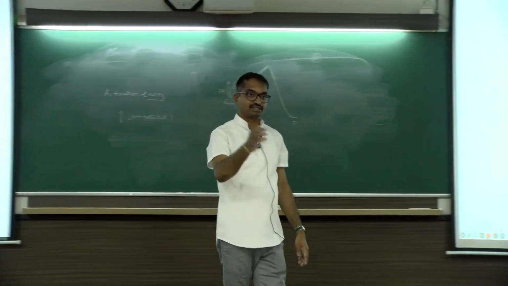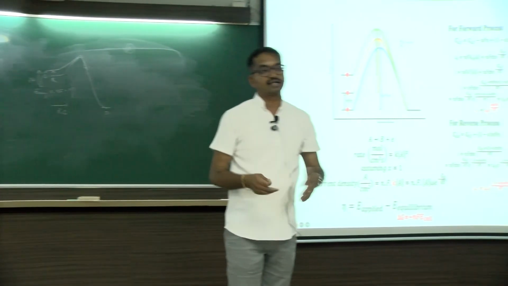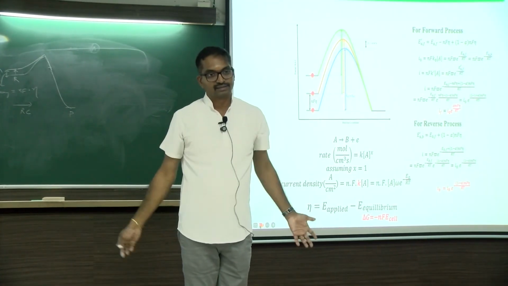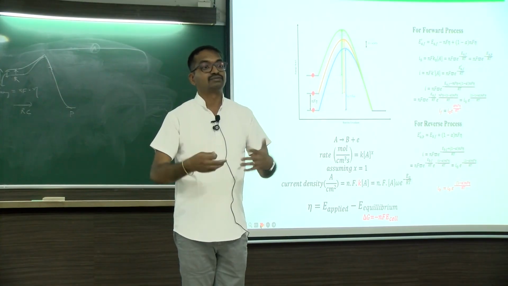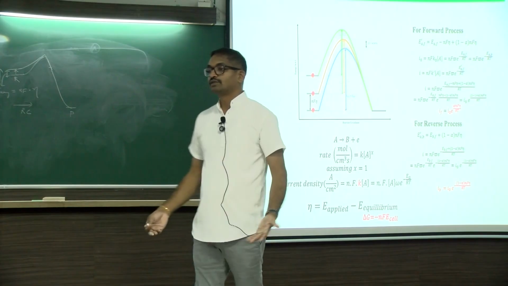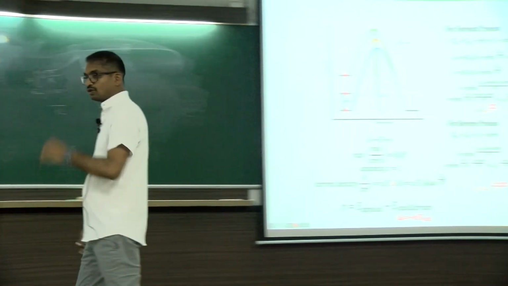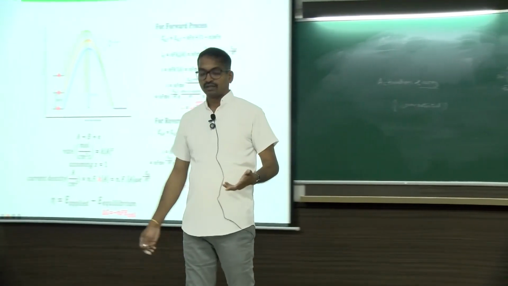Overpotential is always a penalty. Whether you do electrolysis process or galvanic process, always there is an overpotential, because always there is a reaction involved. Always there is a resistance for the flow of charge. That's why there is overpotential. Okay. So therefore this overpotential is like a penalty. So you need to construct a system wherein the overpotential is minimum.